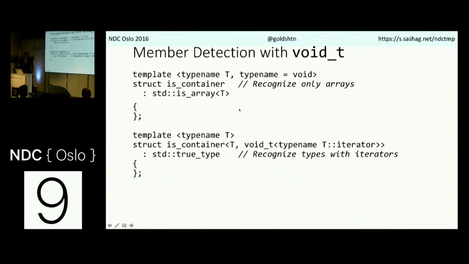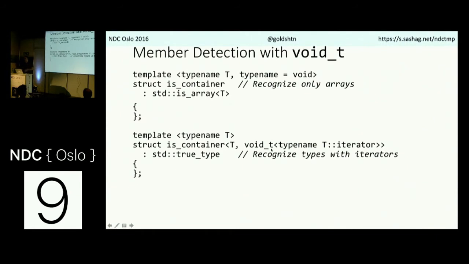And the thing that happens is if the user of my isContainer template doesn't provide the second type, right? So my user says isContainer of int. The user doesn't specify what the second type is. So if the user says isContainer of int, I would like both versions to be potential candidates. So in this case, the first version would be isContainer of T and void, and this one would be isContainer of T and whatever void_t produces.